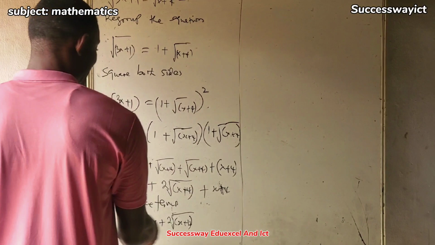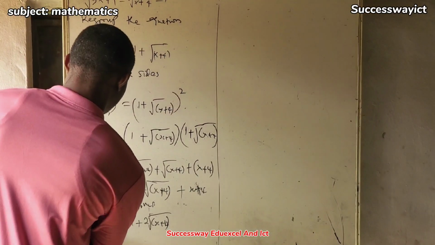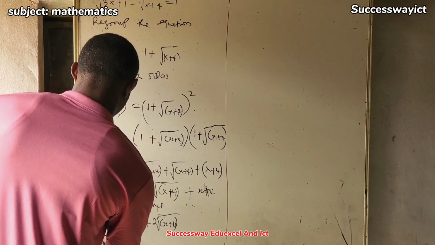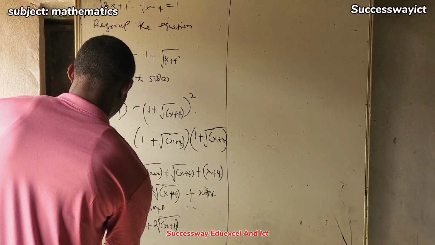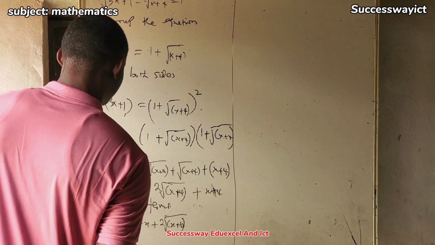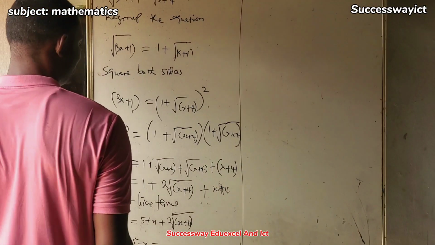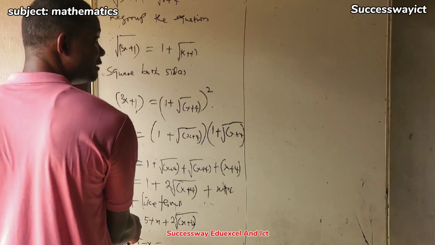We can still collect like terms by moving these across. We have 3x plus 1 minus 5 minus x is equal to 2 root x plus 4. Yes, I'm collecting like terms, moving these this way.